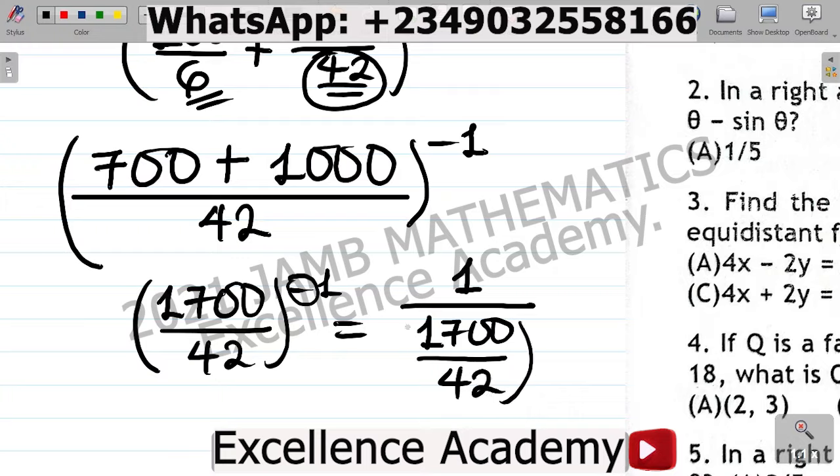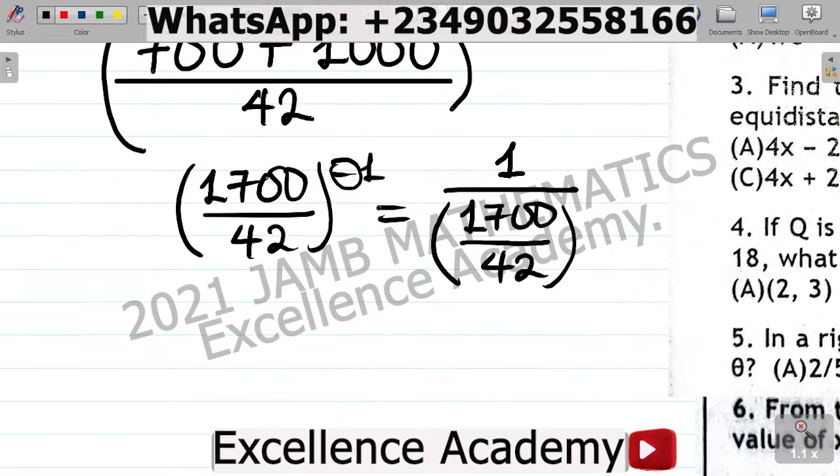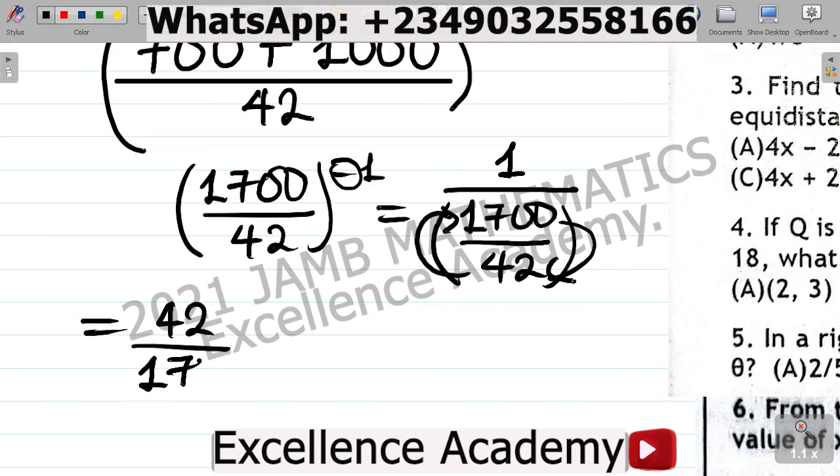To eliminate this negative 1, just take the inverse. Just as we've said previously, with the inverse of a fraction, the denominator goes up and the numerator comes down. So that's equal to 42 all over 1700.